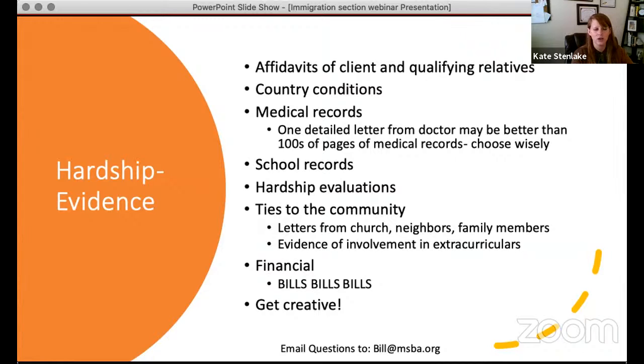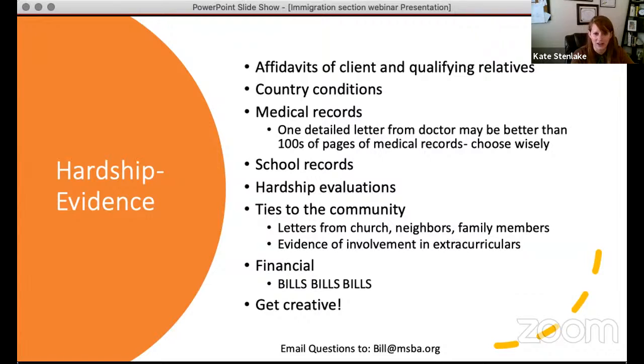So always, if you can show finances, you can show how. I've even argued that, say a client is sending money to family in home country, how that will impact the family, because if that family loses their stream of income, and you can kind of just branch it all out, how it's all going to impact the family, because then other people will need to help that family, et cetera, et cetera.